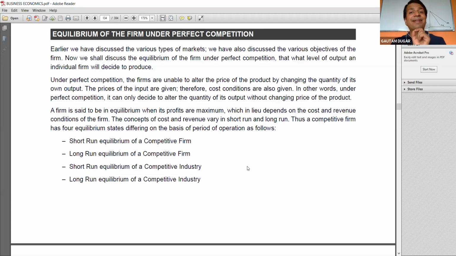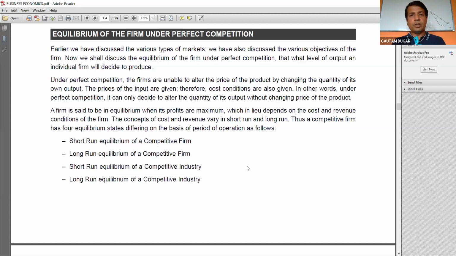That is called the break-even point. The firm is breaking even. We call it a situation of no profit, no loss. Because in economics, normal profit is a part of cost of production. As per economists, normal profit, which must accrue to the entrepreneur, is a part of cost of production.